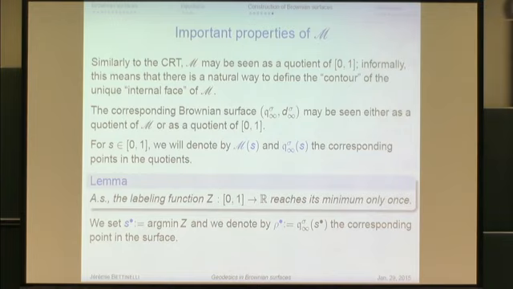You have your Brownian excursion, and so it's naturally encoded by [0,1]. For a more complicated surface, you actually have to identify first all the Brownian forests, and then the forests you add on the same edge.